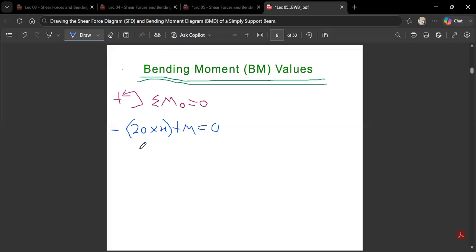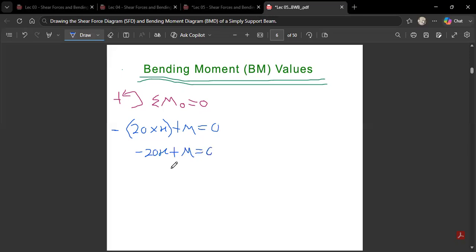This is going to give you minus 20x plus M is equal to 0. Okay.